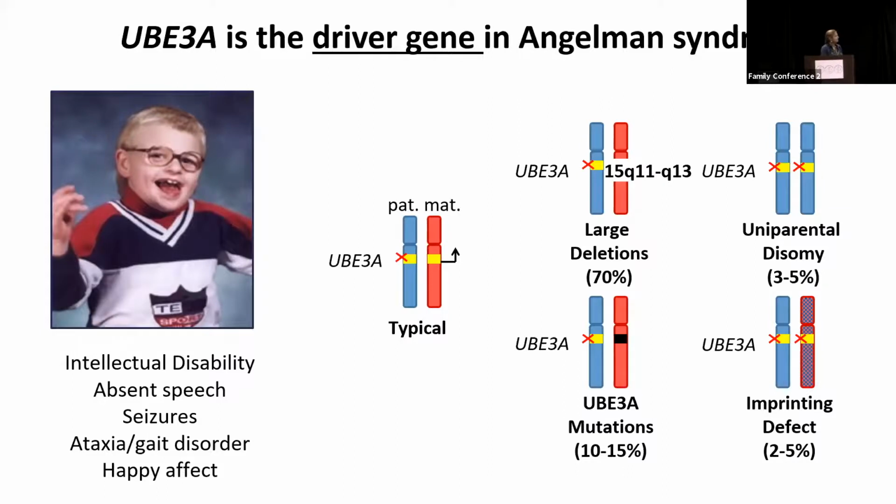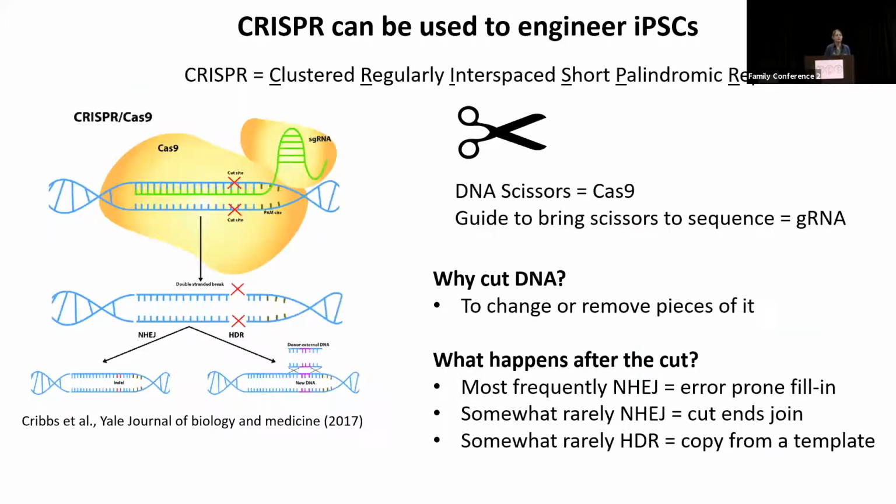So with that in mind, I have to tell you about a few more tools. So we know UBE3A is the driver gene for Angelman syndrome. We use these tools called CRISPRs to help make cellular models that help us test things better and to help make our cellular models better. CRISPR, what it stands for is probably irrelevant. What you need to know about it is it's a set of DNA scissors.